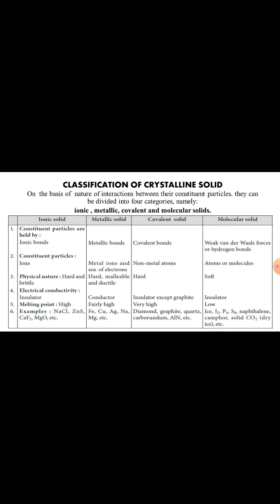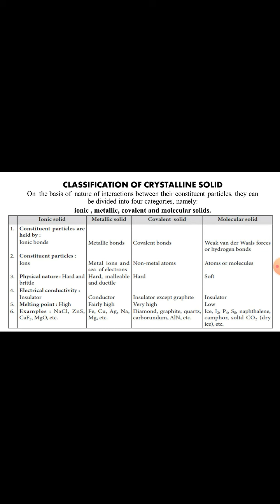Next solid is covalent solid. As the name indicates, here the bond is covalent bond and the particles are basically atoms which belong to non-metals. Due to covalent bonding, these bonds are directional in nature.